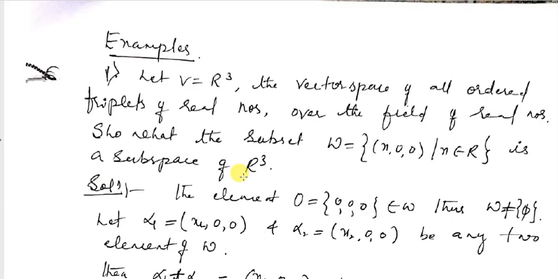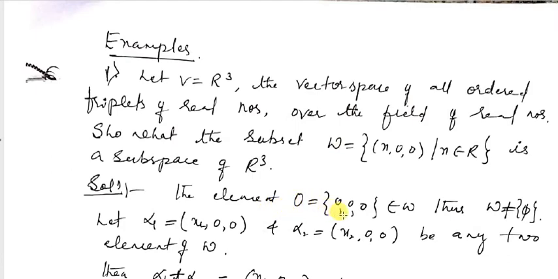So as we know, according to the definition, the theorem and the corollary which we have discussed above, it is enough to verify W is closed under addition and scalar multiplication. If you verify it is closed under addition and scalar multiplication, then W is a subspace of R3. So let us first verify whether W is an empty or non-empty set.